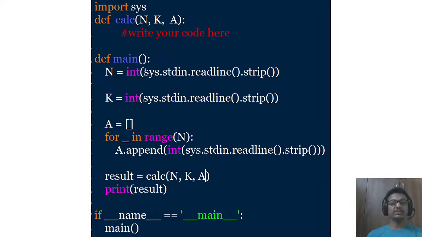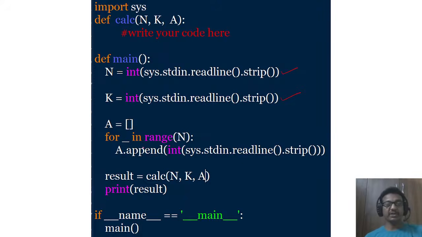So what is it doing in the first step in the main function? Here it is reading the n value, using the read line method. n indicates the number of elements in the sequence. Then the k value is read from the standard input. Then it defines an array and reads the sequence elements into this list.